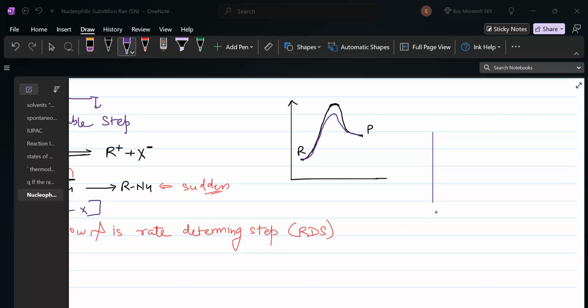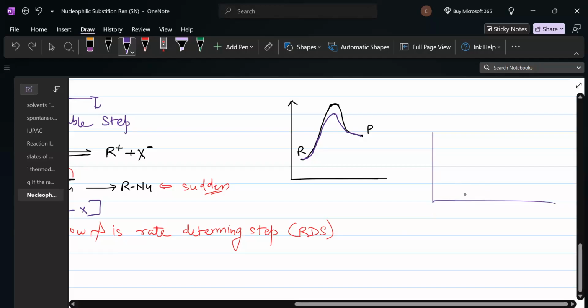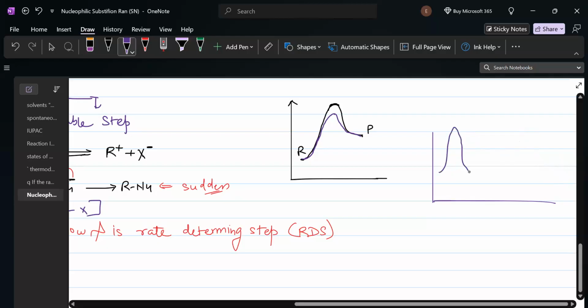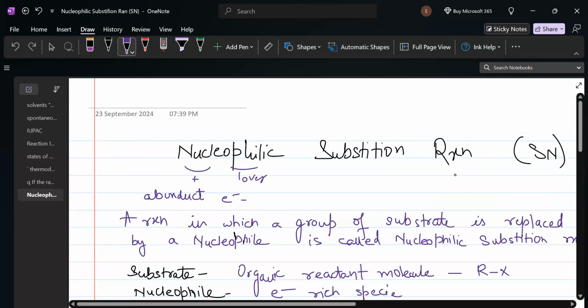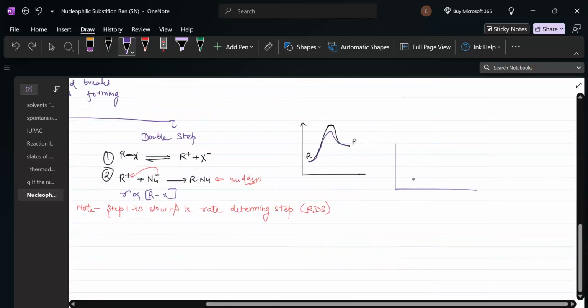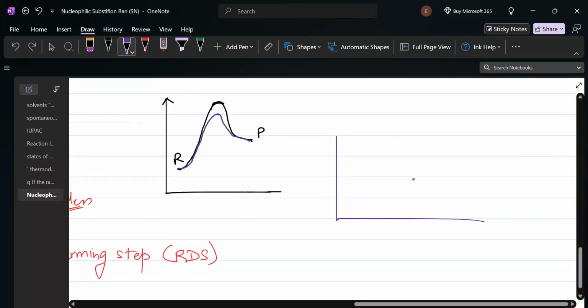I will refer later that a reaction has to go through several ups and downs, if it is a complex reaction.